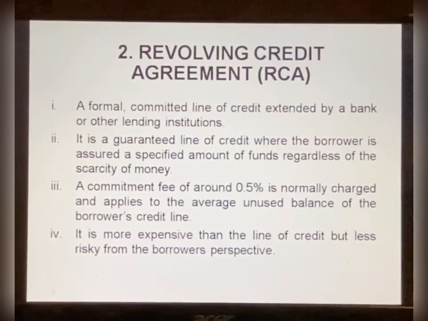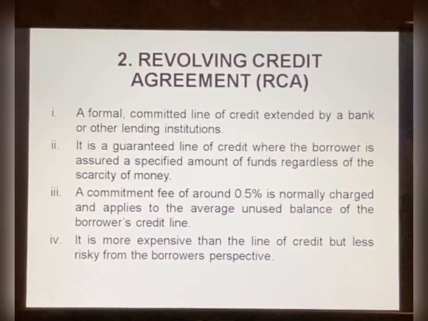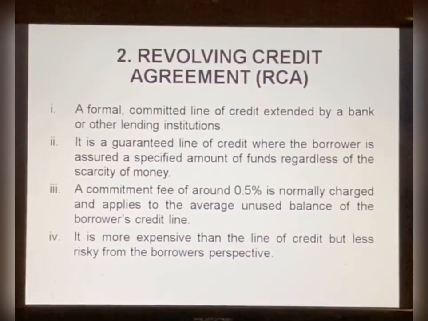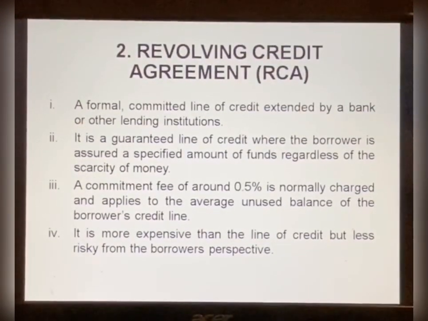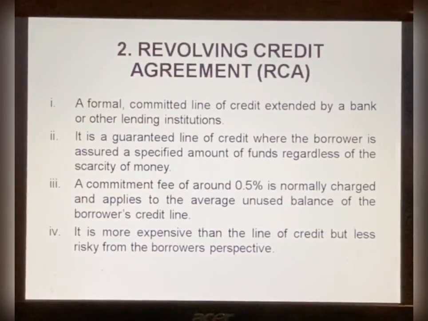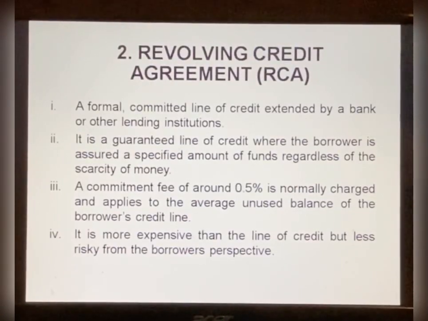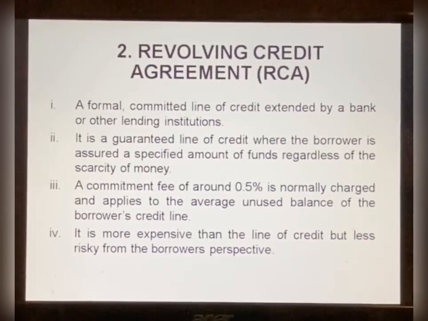The second type of bank loan is revolving credit agreement. What is a revolving credit agreement? A revolving credit agreement is a formal, committed line of credit extended by a bank or other lending institutions.